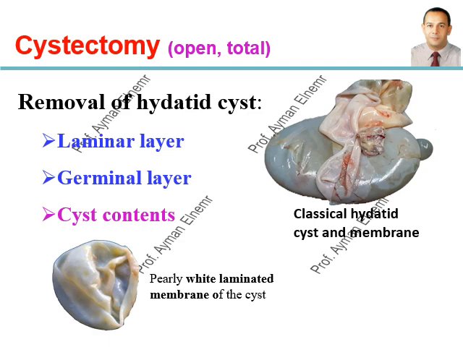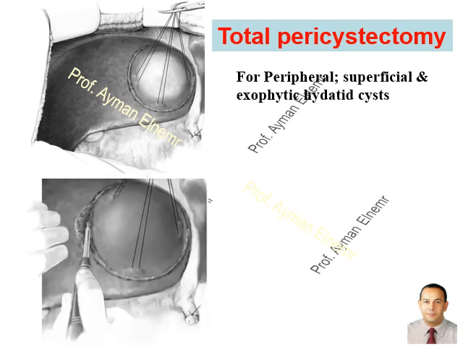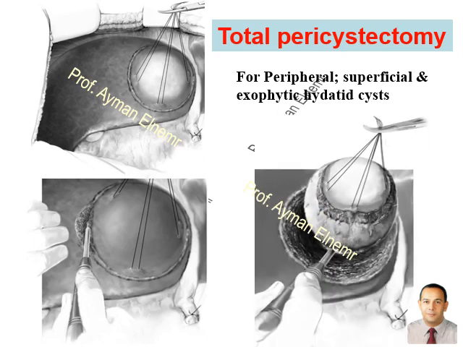The removed cyst includes the laminated layer and germinal layer with the contents of the cyst, leaving the pericyst in place. In total pericystectomy, all layers of the cyst, I mean the 3 layers, the ectocyst, the laminated membrane, and the endocyst, are removed together with some liver tissue around, and this is usually done for peripheral and superficial exophytic hydatid cysts.